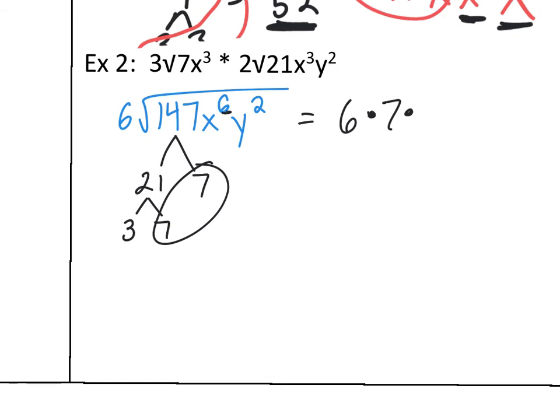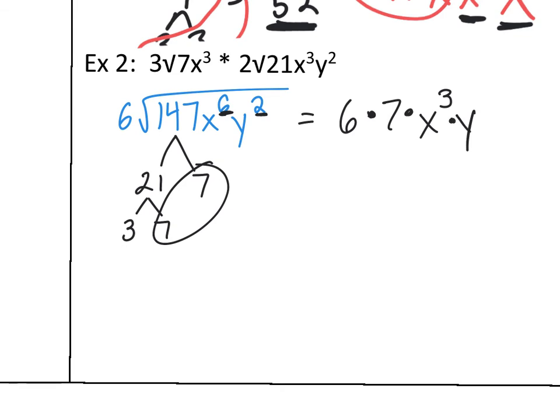I have 6 x's here. I could write them all out, or I could just know that 6 divided by 2 is 3. So I have 3 groups of x. 2 divided by 2, 1. So I have 1 group of y.